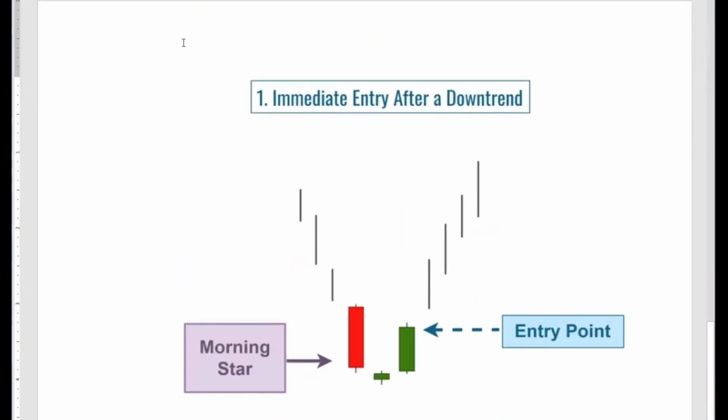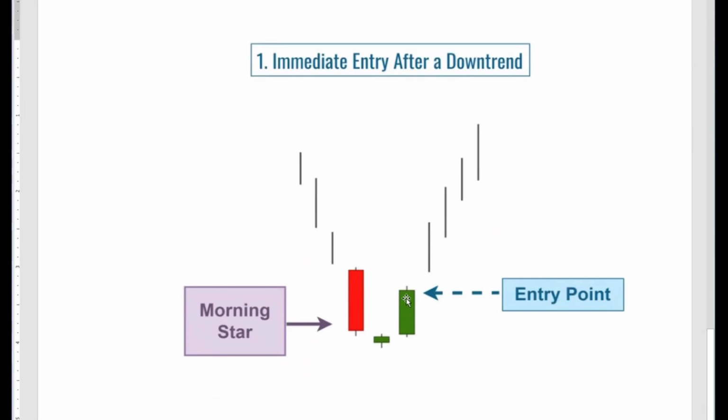First thing is immediate entry after a downtrend. The advantage is that you will not miss a chance to trade because you enter immediately after a downtrend. You see this morning star happen on your chart lying at the key resistance, key support level.